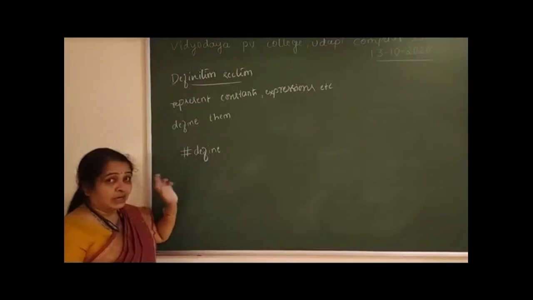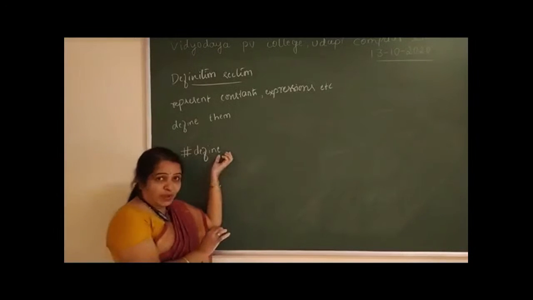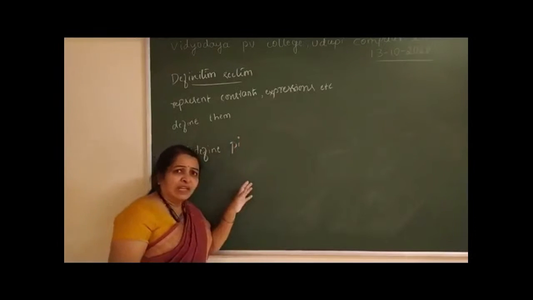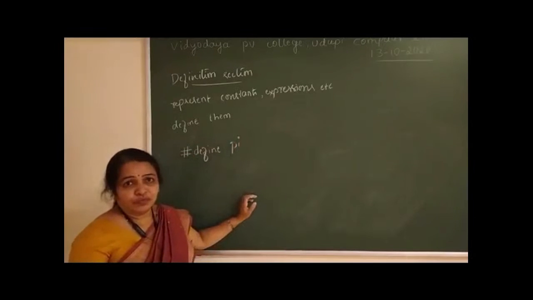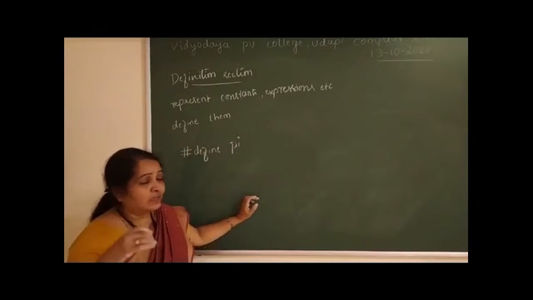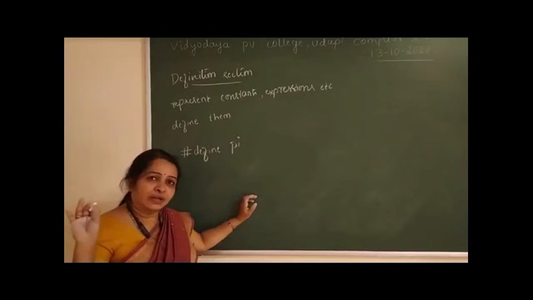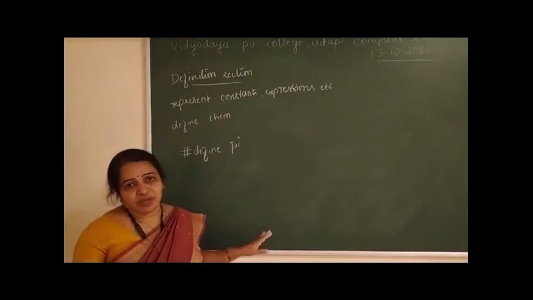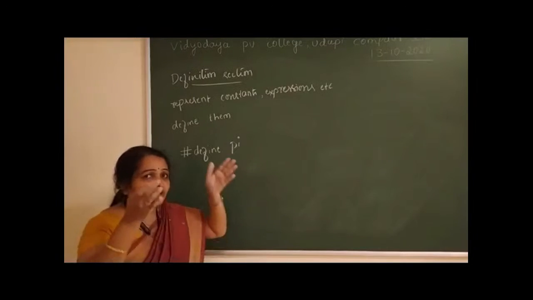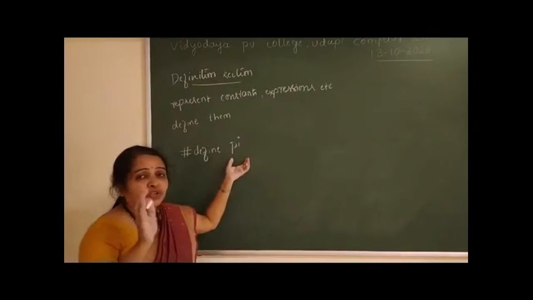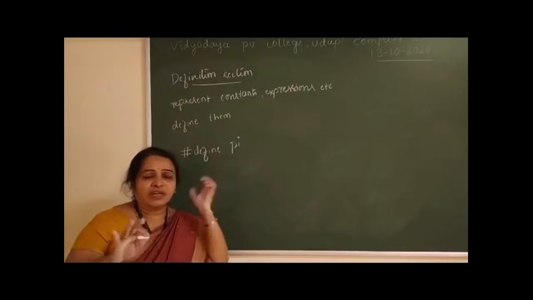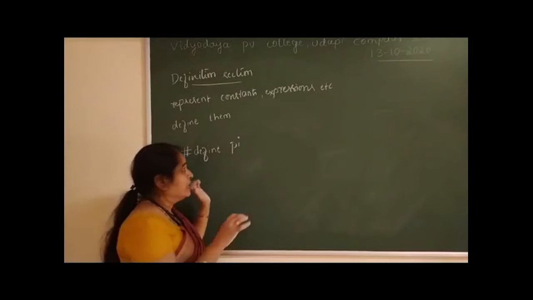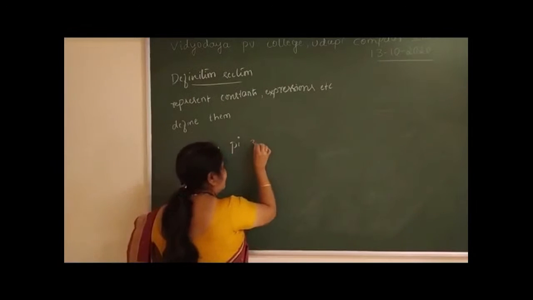Hash, define, leave one space, then you write pi. The spelling of pi is left to you; if you want, you can write it in capitals also, because the C++ compiler anyway doesn't know what pi is. It only matters about the value that you are going to give for pi. Clear? So hash, define, pi, leave one space, 3.142.